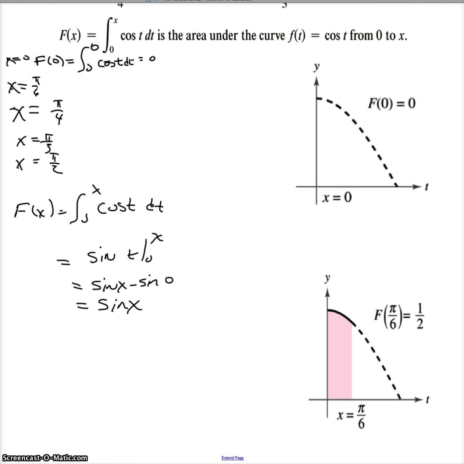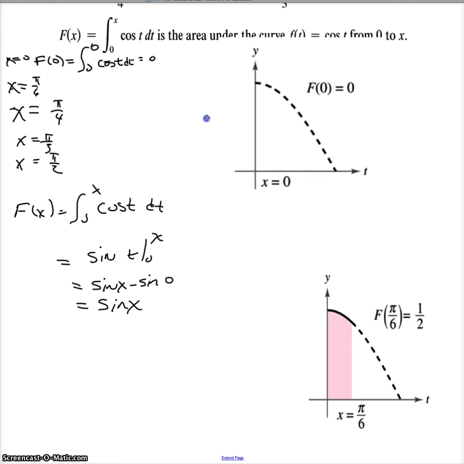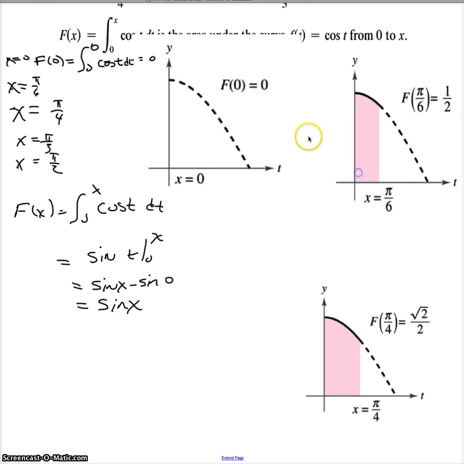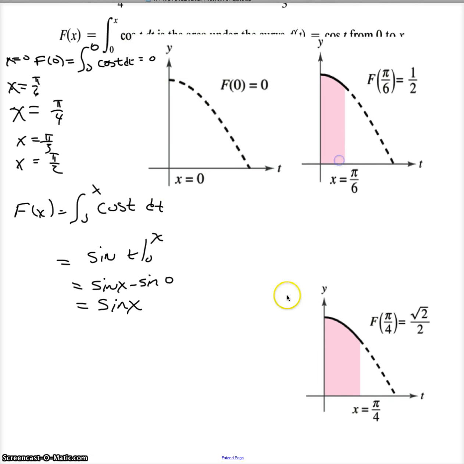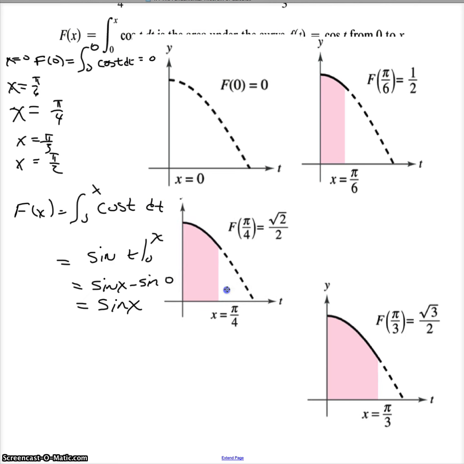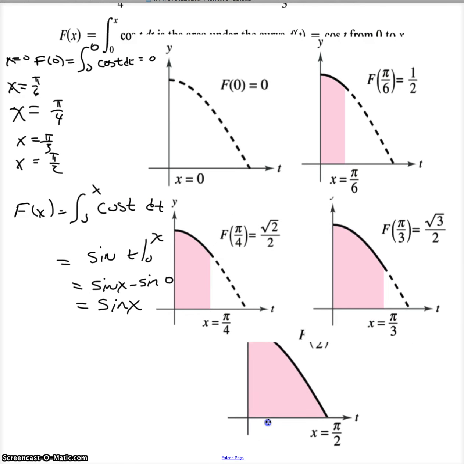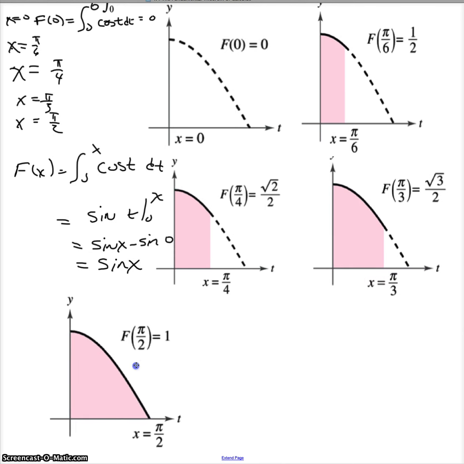So as I change what x is, you see I am accumulating this function. Let me move this over here. At F of 0, the function is 0. But as I move across, you see how I'm simply accumulating more and more of the sine function. We are going to discuss in a bit this being an accumulation function.